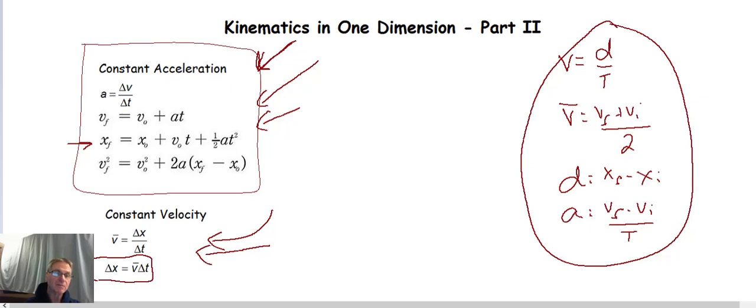If we have a constant velocity down here, it means our acceleration is 0, and that would cause that part to go to 0. If we start at the origin, that would be 0 as well. So our equation just becomes x equals v0 times t, v0 being the initial velocity, and that's what we have down here. These are special cases of the equations at the top.